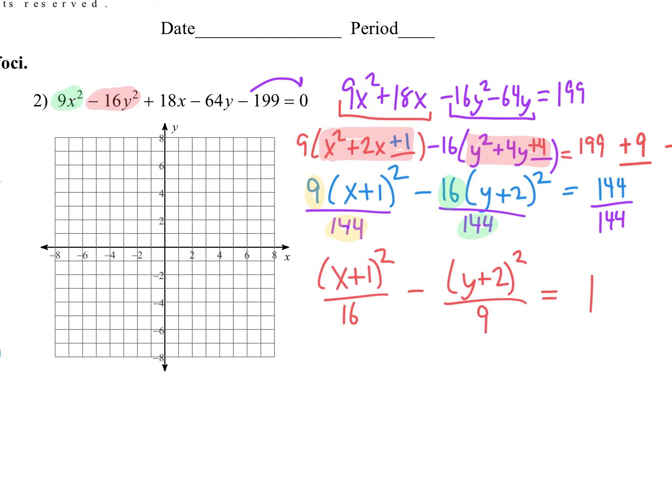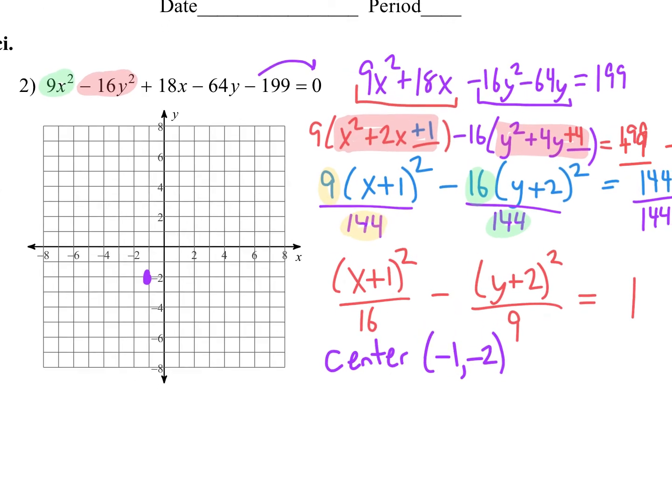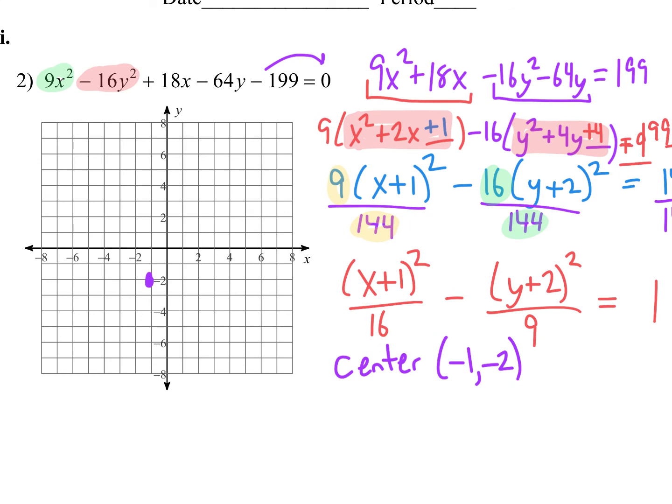So to graph, again, we're going to plot the center. My center here is going to be, based on those numerators, -1, -2. So down here, and in this process, we're going to use the box to set up where the asymptotes are. So we're going to look at the denominators.